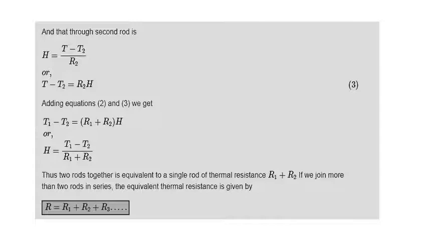Thus, we can say that when the rods are joined in series, the equivalent thermal resistance will be given by simply the addition of the individual thermal resistances. Meaning the net R will be equal to R1 plus R2 plus R3 and so on.